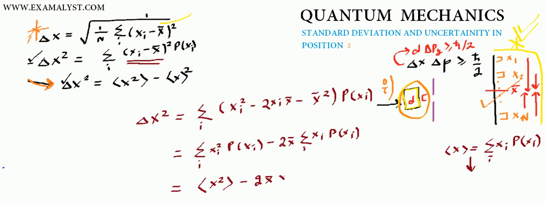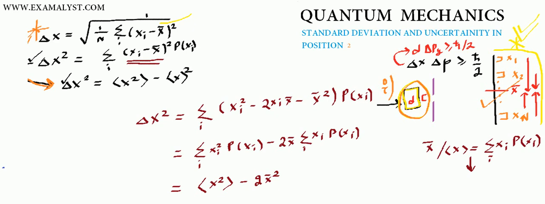Again we have an x bar. So instead of writing x bar, I can write this as x bar square. And we know that these two things are same. Either you write x bar or you put the bracket and write x bar.